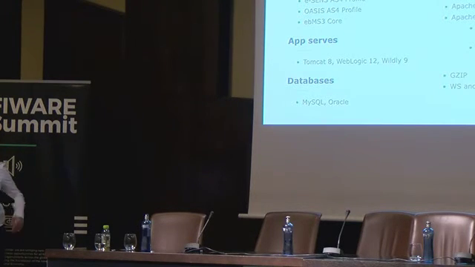WSS4J provides the Java implementation for the primary security standards in web services. It provides the implementation for the WS-Security header, which is requested by the EBMS3 specification. And it also provides the implementation for WS-Policy.